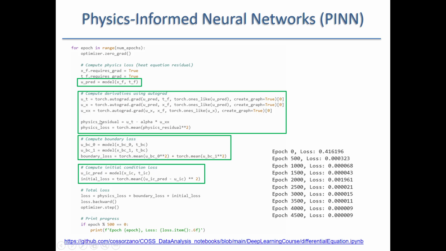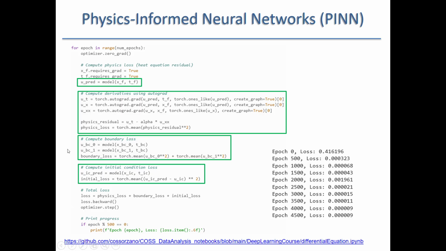So we will put the loss on the average of the physical residual, and then we will put a loss associated to not respecting the boundary conditions and not respecting the initial conditions. The total loss will be the sum of the three.